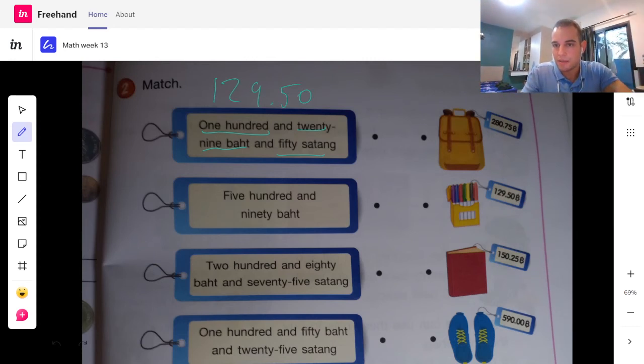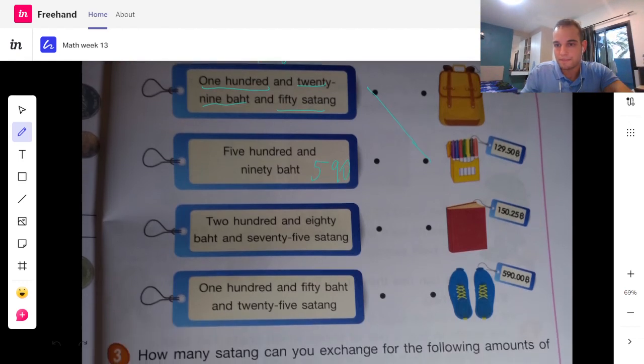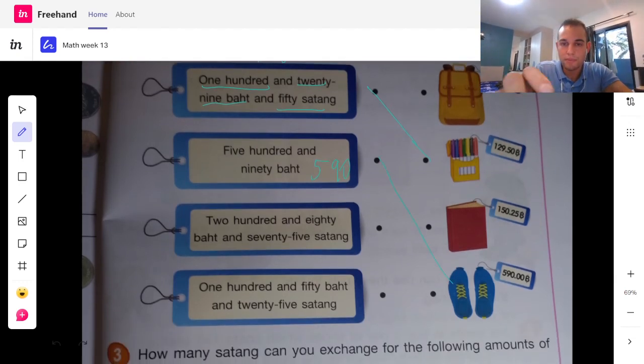Okay, let's find it. There you are. Number 2 is 590. 590 baht. There we go. 280 baht and 75. 280 and 75 satang. And 150 baht and 25 satang.